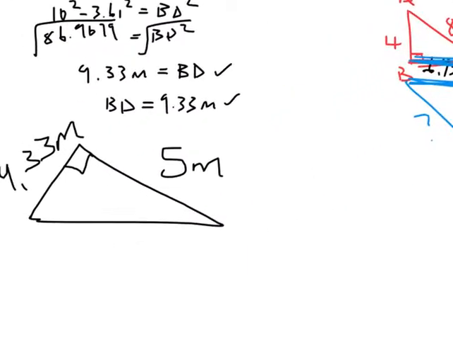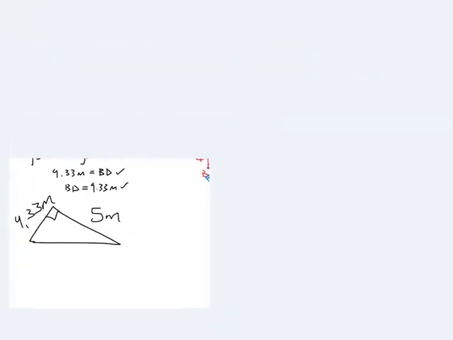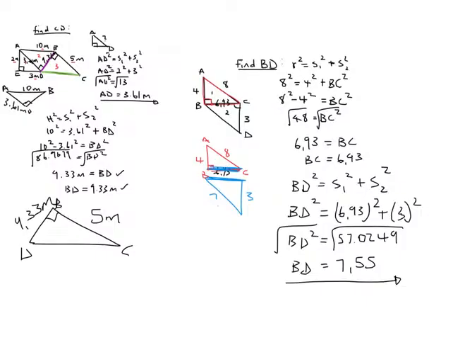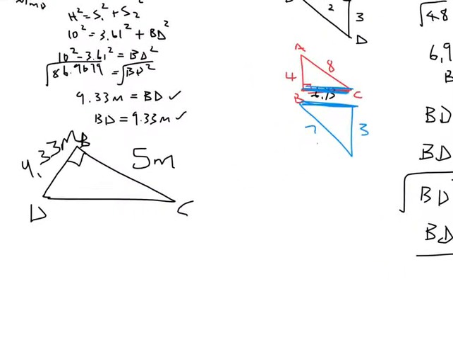Yes, I think this is all that we need. Then from there, let me just put in the letters: this is point B, this is point C, this is point D. So it looks like the side that I'm looking for is the hypotenuse.